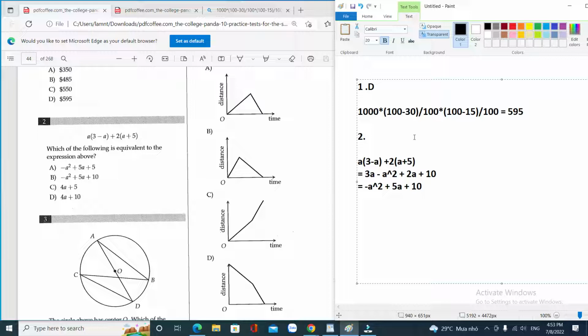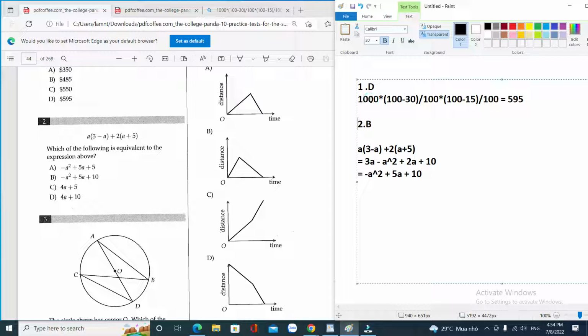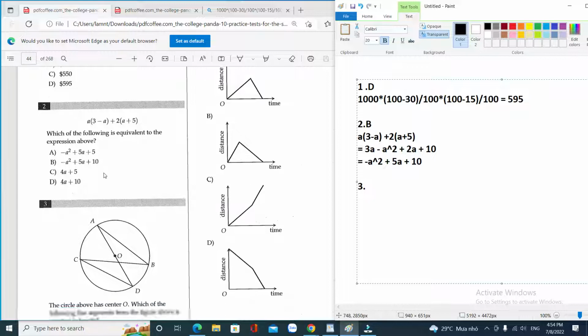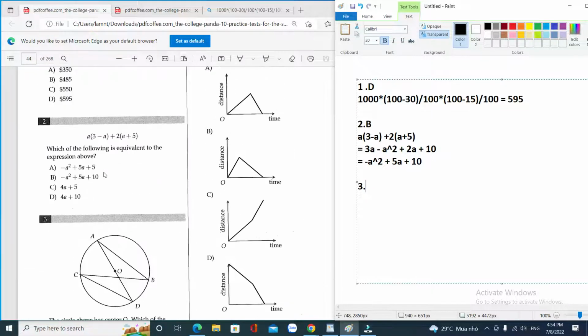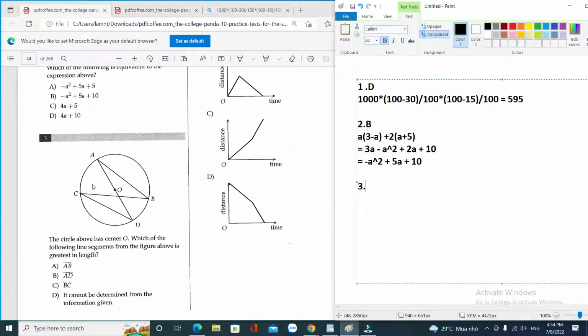So the answer is B. Alright, so number 3, let's do it. I could be wrong though, but I don't think so.